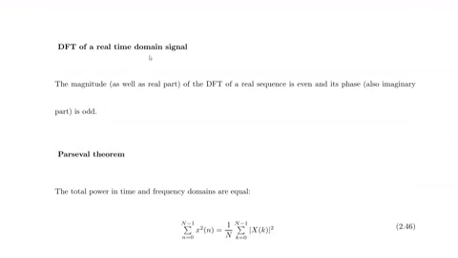DFT of a real time domain signal. If the signal in time domain is real, what will be its DFT? The magnitude as well as the real part of the DFT of a real sequence is even. Okay, even. And its phase, also imaginary part, will be odd.